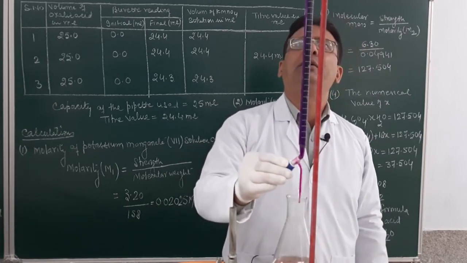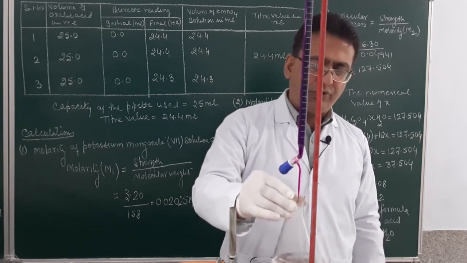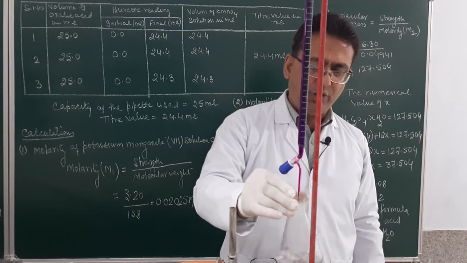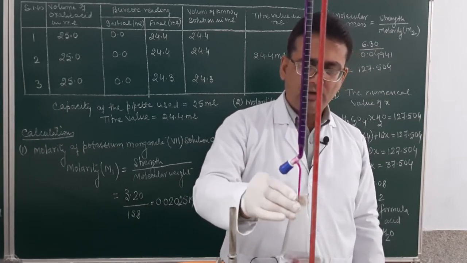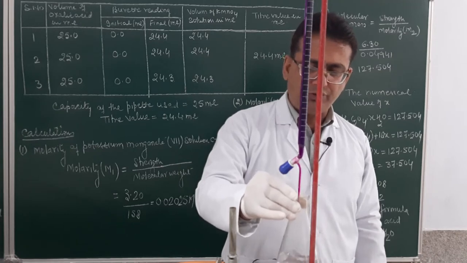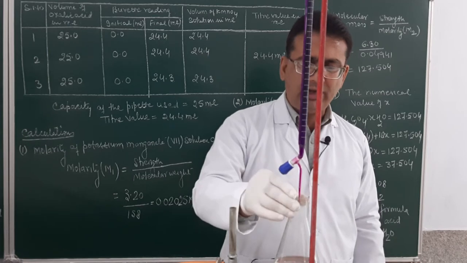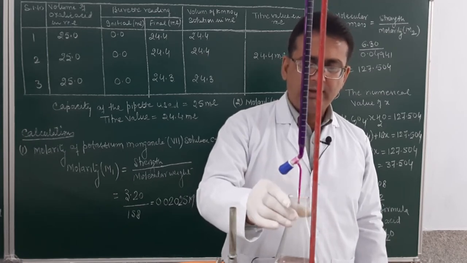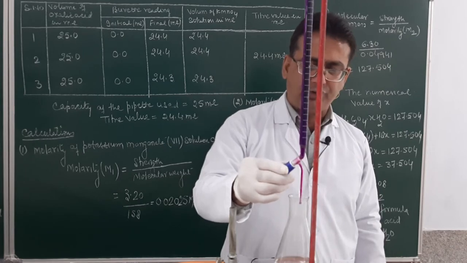It is indicating the titration of oxalic acid with the KMnO4 solution. I am adding in a drop-wise manner the KMnO4 solution to oxalic acid, and we'll see when the light persistent pink color is obtained. You can still see I am adding it, and still the persistent pink color is not obtained.